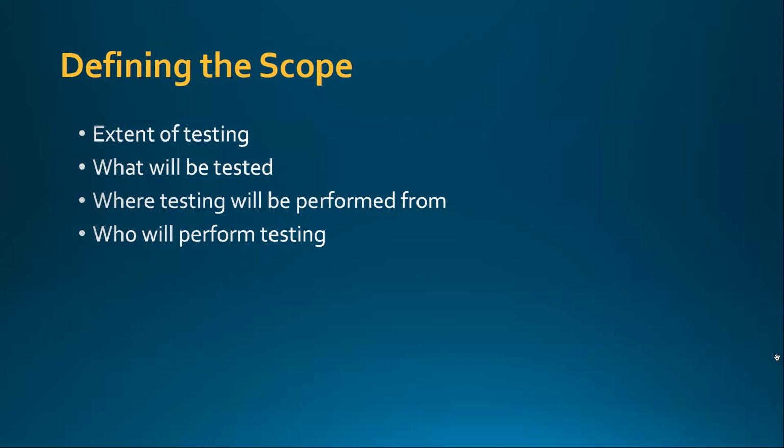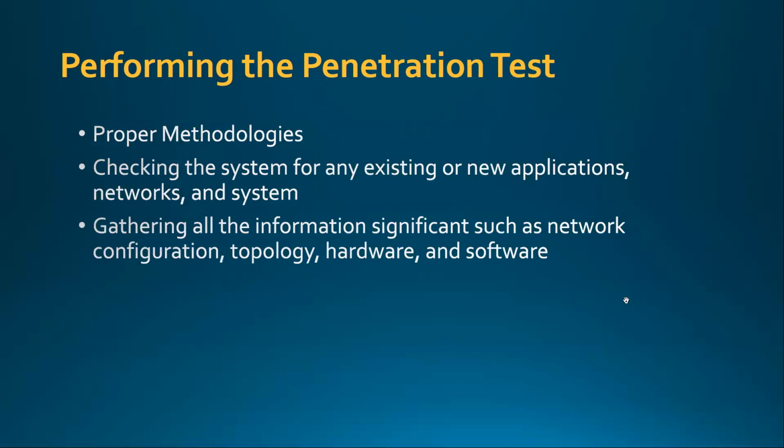And then the next step is to perform the pen testing. So the practical task starts here. Here you require a proper plan and methodologies. If you remember our previous session, we discussed pen testing strategies and methods, so you can apply them here for the planning. Check the system, whether it is an existing or new application, network or system.